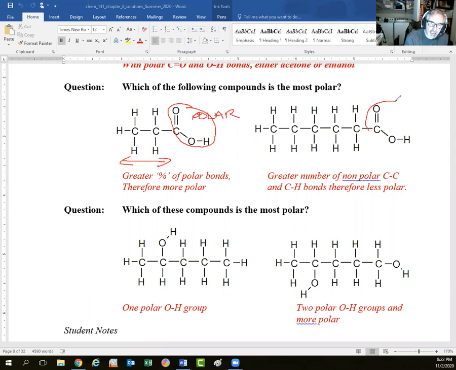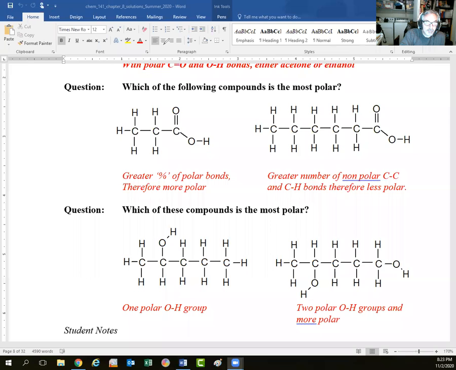We see that same polar covalent part on the second molecule, but the non-polar section of the molecule has increased. So collectively, the molecule is increasingly non-polar. So this would be considered more polar than the molecule on the right. The polarity, to an extent, is the sum of the component parts.